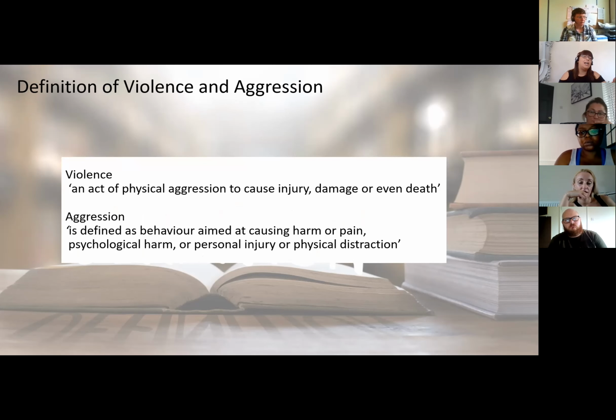Yeah, so often violence is the end result of aggression. Aggression is defined as a behaviour aimed at causing harm or pain, psychological harm, personal injury, or physical. So it's the intention with aggression, isn't it? It's the intention for violence, for something physical, usually for injury, damage, or even death.